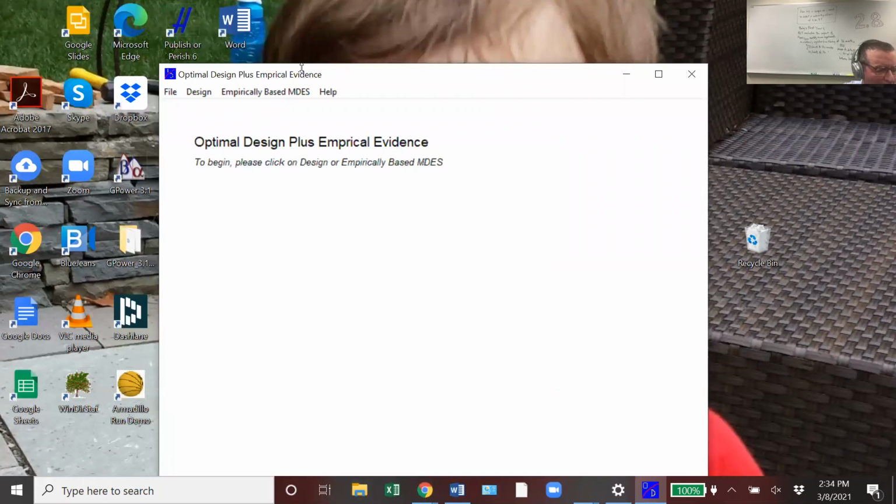So this is set up a little bit differently. Optimal design, you can use it for doing the kind of simple calculations that we have been doing. It's really designed to take advantage of instances where you've got clustering, where you've got kids clustered within classrooms in particular, because that's often what you've got in an education experiment.